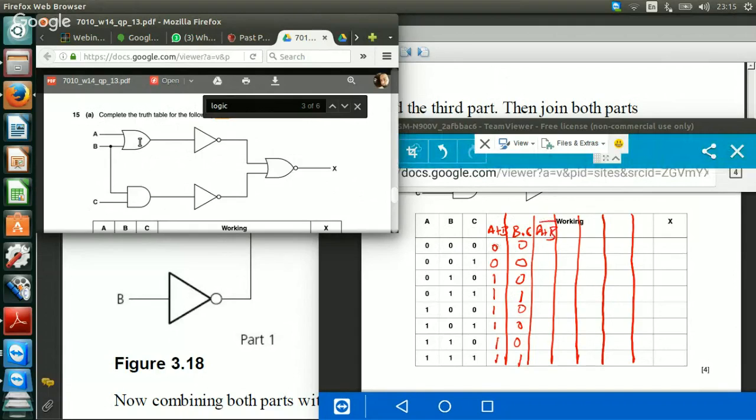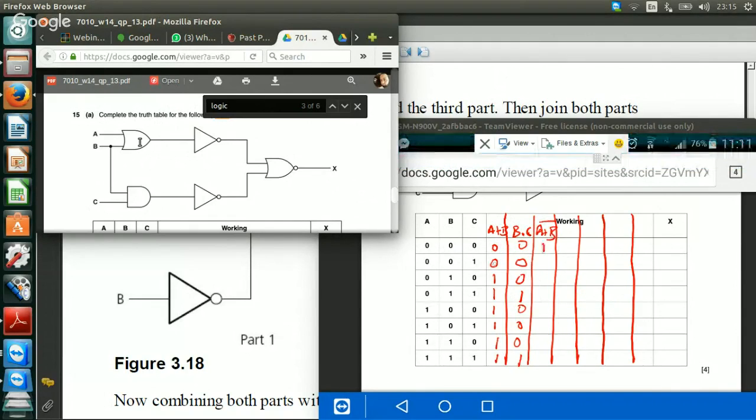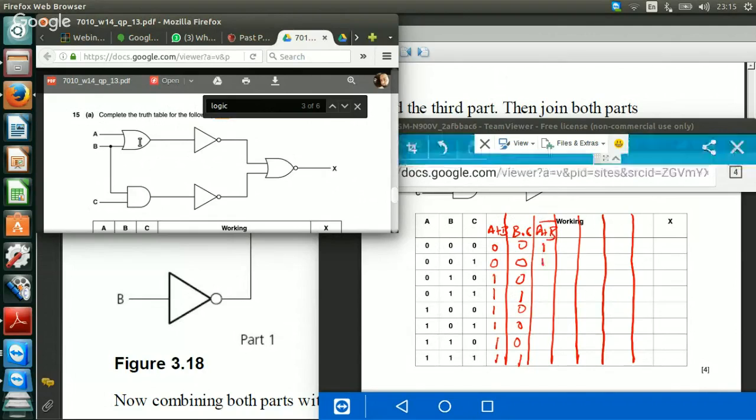Whatever the answer is here will be reversed: 0 becomes 1, 0 becomes 1, 1 becomes 0, 1 becomes 0, 0, 0, 0, and 0. This will be A plus B bar.